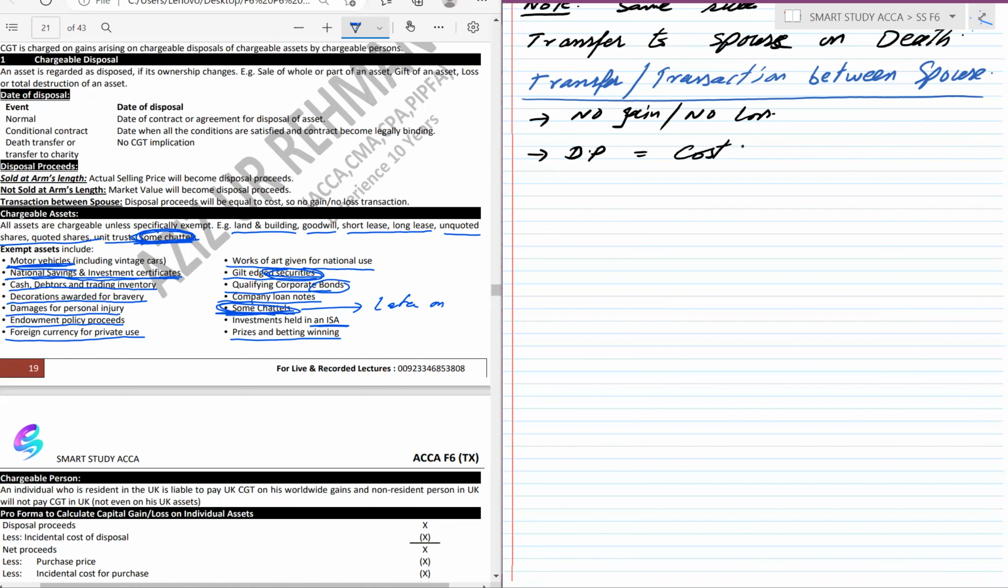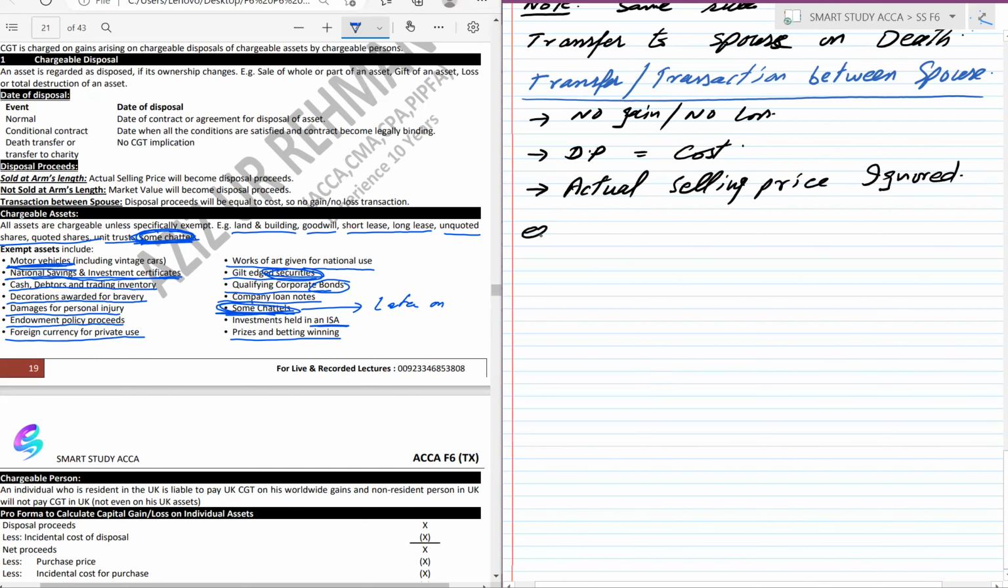So when the selling price is equal to your cost, no gain, no loss will arise. And in these cases, the actual selling price is ignored.